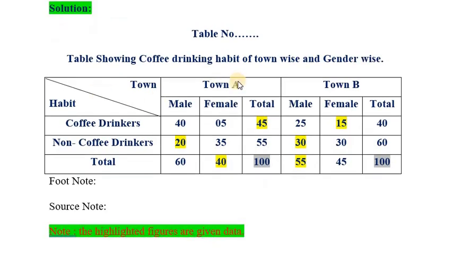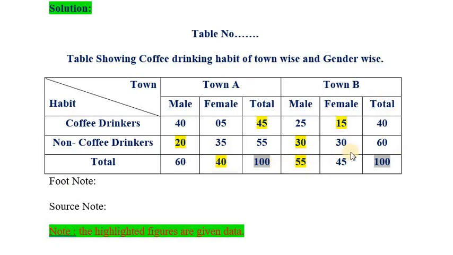So, as we have selected town A and town B as caption, the sub caption can be male, female and total for town A, and for town B, male, female and total. And the stubs are habit, that is coffee drinkers and non-coffee drinkers, then the total. So wherever you come across more than two variables, preferably we should have a total column as well as a total row.